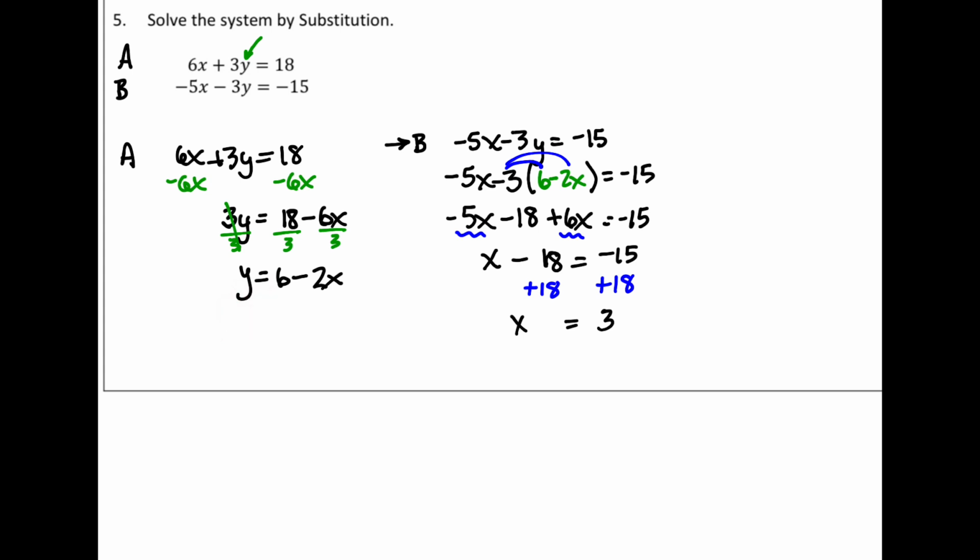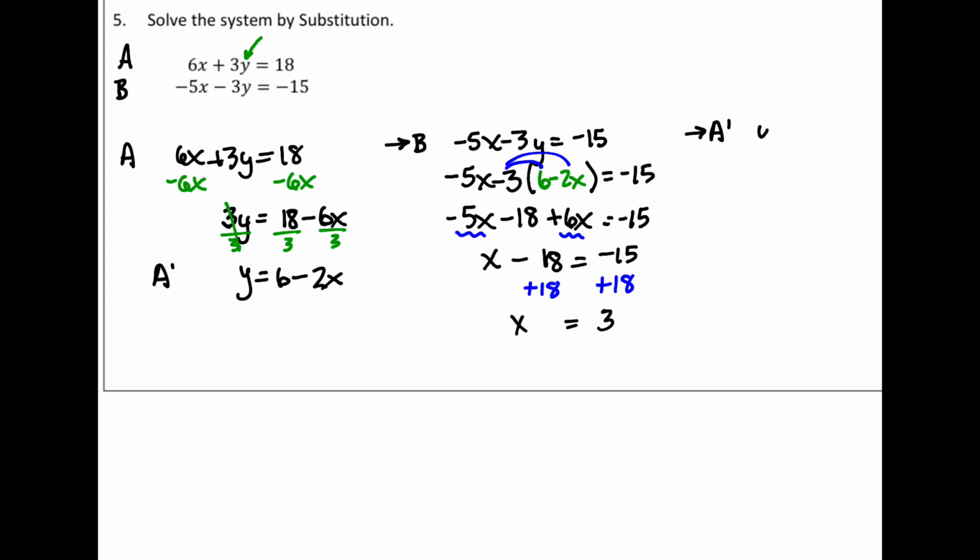But actually, let's call this A prime, because it was A, and then I reordered it, so it's A prime. I like that. Okay, so I'm going to plug our x value into A prime.